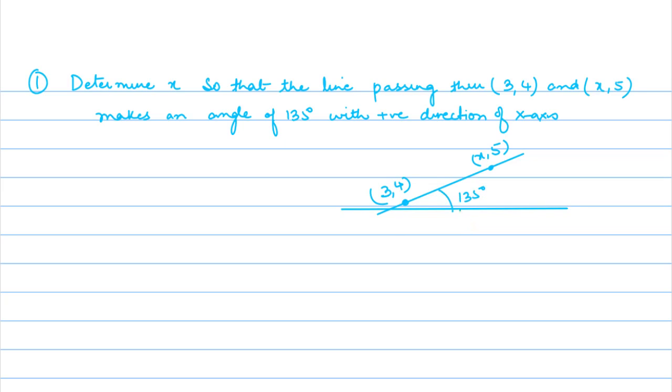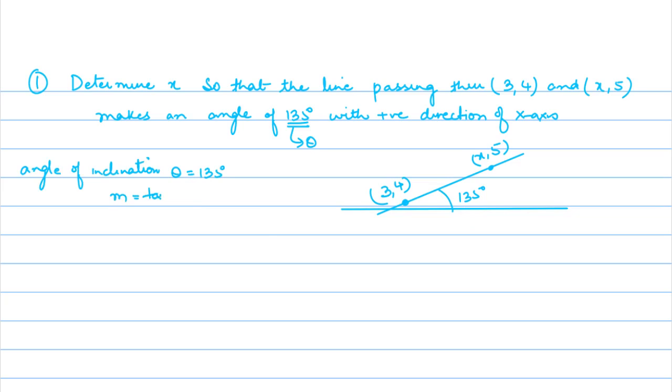Therefore, if it is telling you that it is making an angle of 135 degree with the positive direction of x-axis, what is this? This is simply angle of inclination. Therefore, theta is 135. If we know the angle of inclination, we can find out the slope.